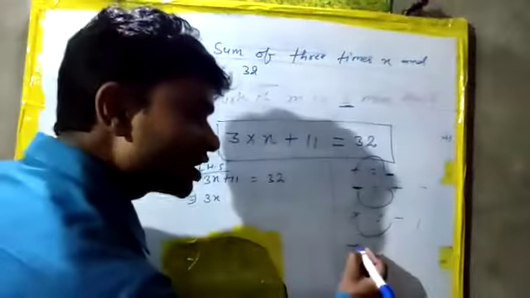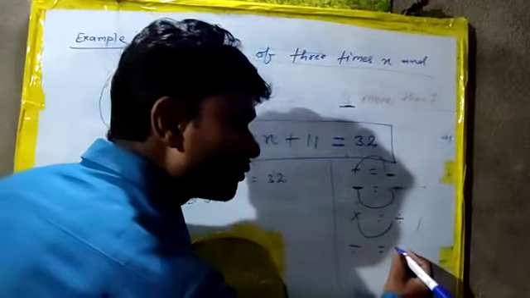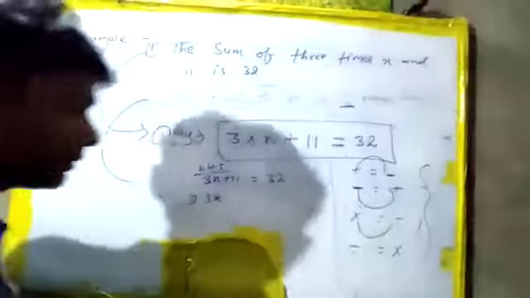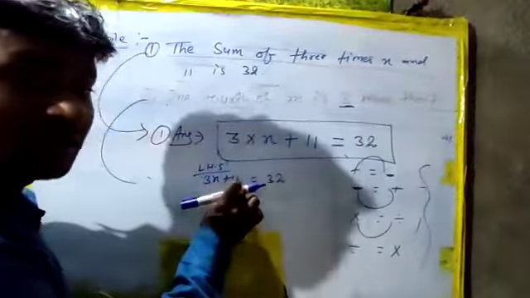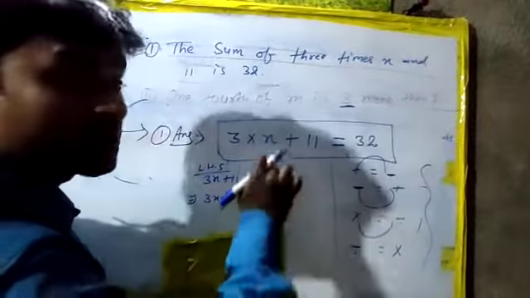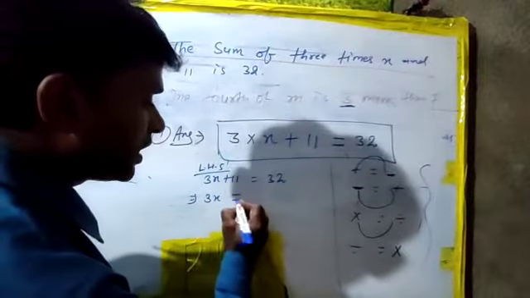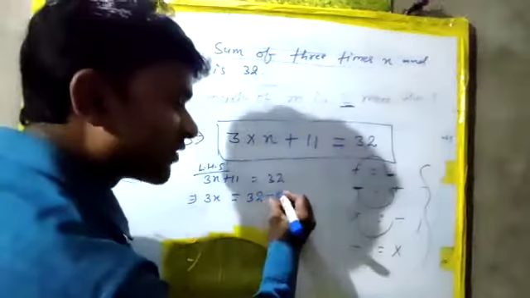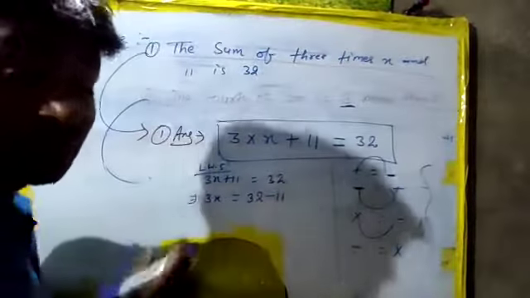If it is division, it will convert into multiplication. You also need to understand this here. So what will be here? If I put plus 11 on the right side, 32 will remain there and 11 will be subtracted, I mean minus 11.